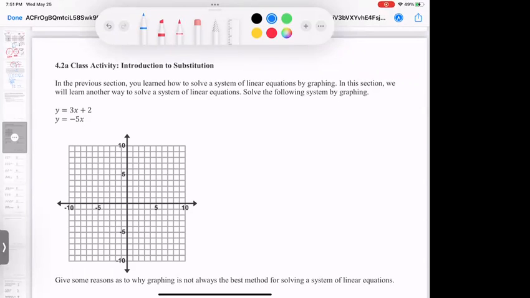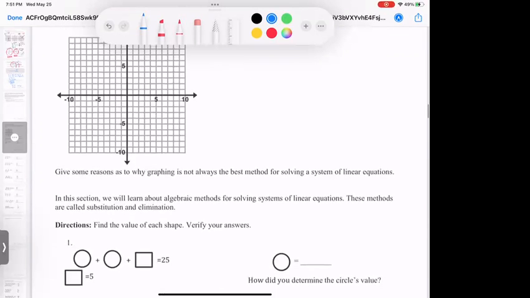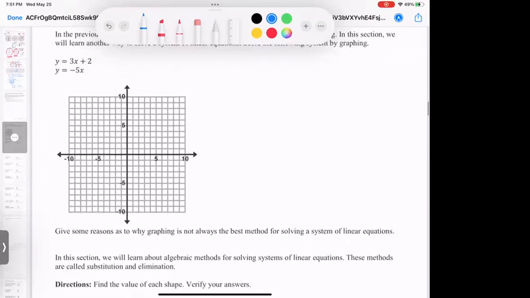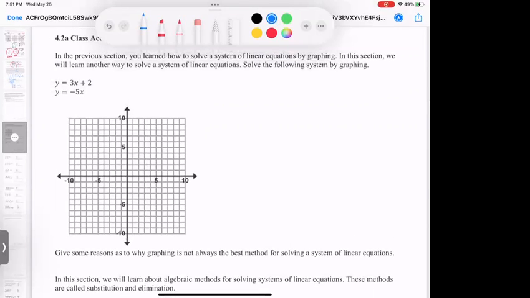We will learn another way to solve the system of linear equations, other than graphing. So let's graph this one at first. And second, can you please solve it algebraically? You have to give accurate numbers.